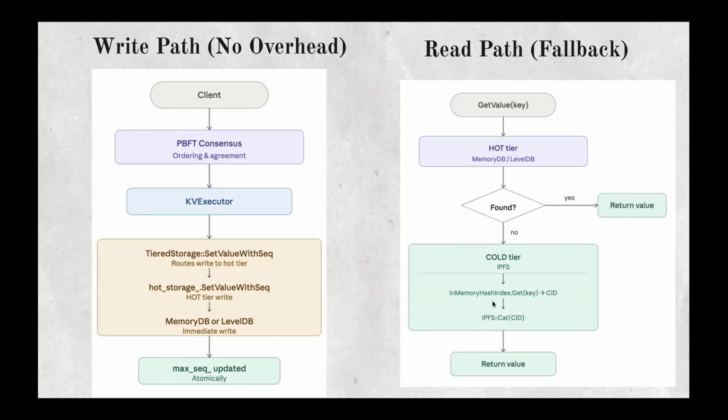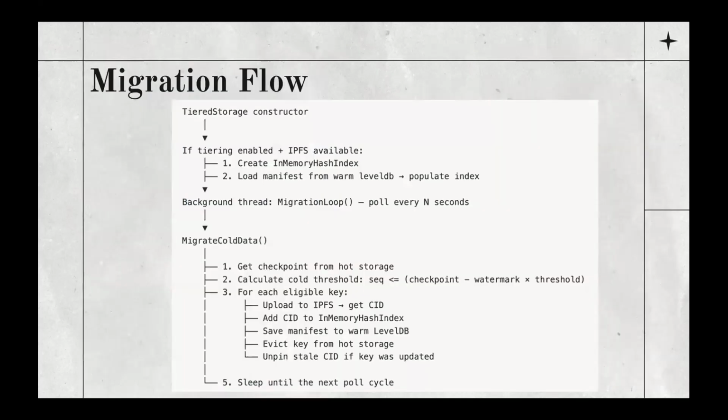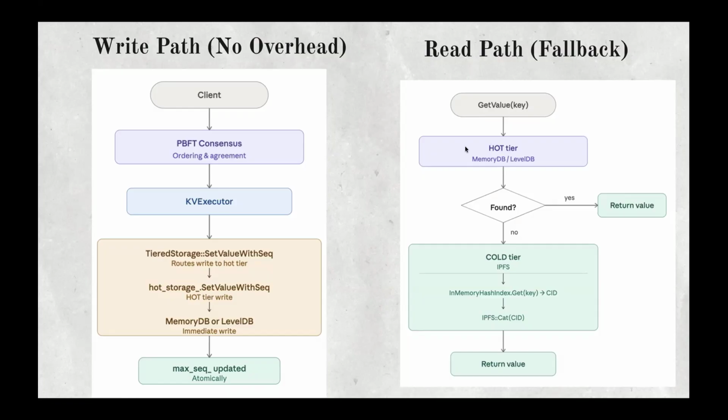But from the client's perspective, this latency gets completely hidden because of the network latency from the client to the ResilientDB node proxy and then to all the ResilientDB nodes and the actual read operation. All these are still network calls. So the latency gets hidden in whatever testing I have done. Reads from the hot tier or the cold tier are pretty much comparable.